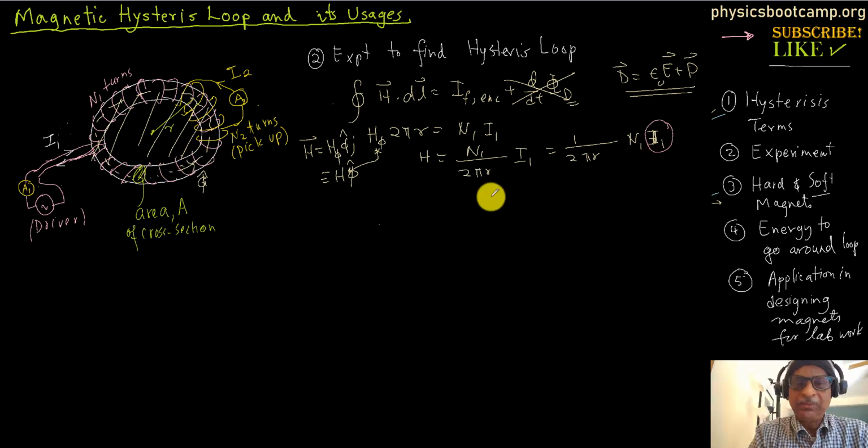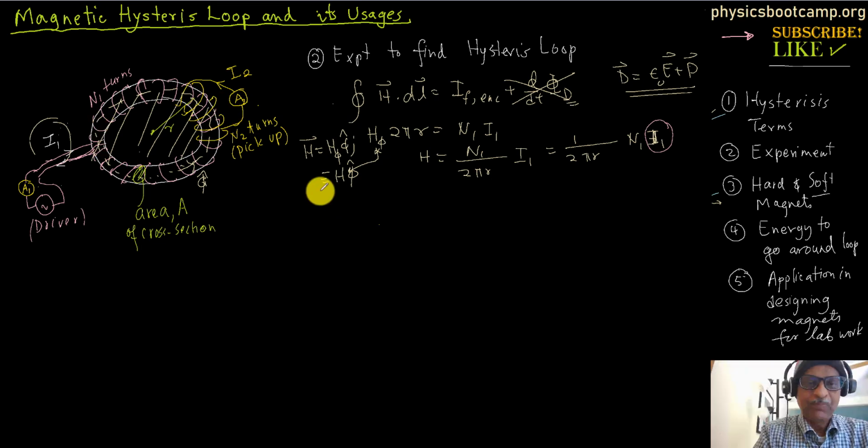Well, we have an induced EMF, right? So we use induced EMF. What we have to do is not have I1 constant, but if I change this current, then another current will be induced here through the induction effect.